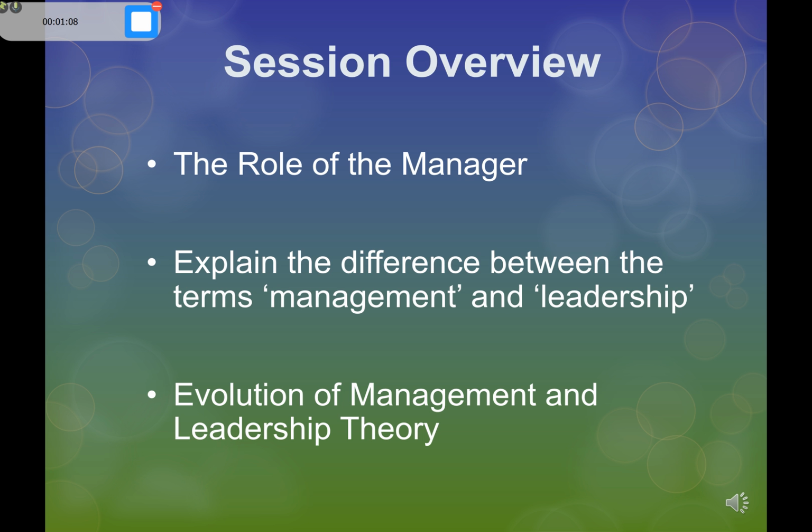So getting the job done is really what a manager is focused on, whereas a leader should still have that focus on getting the job done, but how they go about doing that is very different, and the leader should be focused much more on getting the people to work with them. Some of the theories we're going to be looking at talk about task or people orientation. So your manager is much more task focused and the leader is much more people focused.